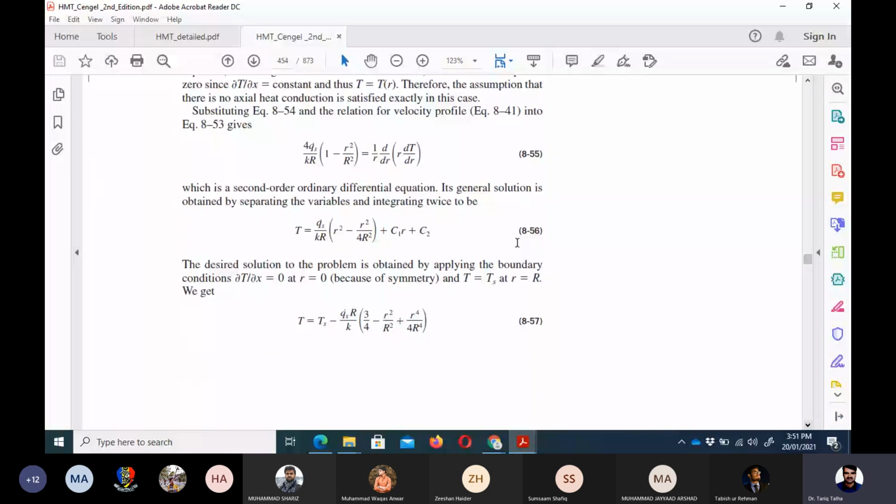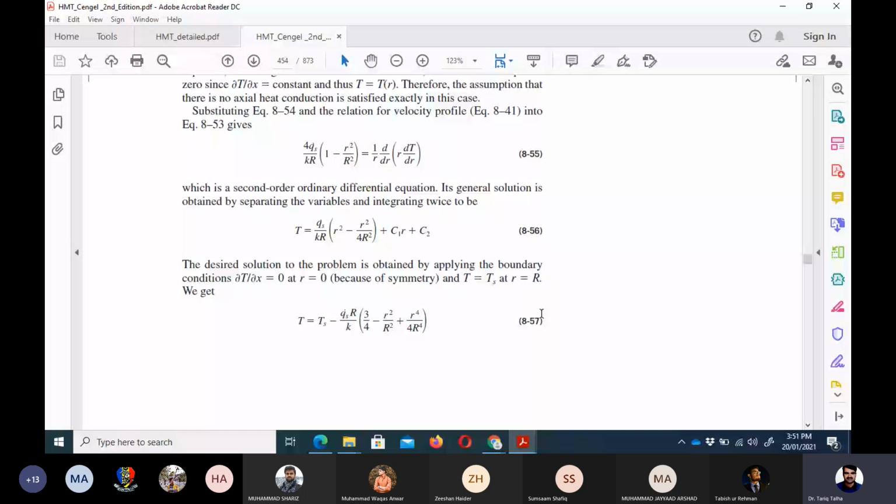Then we put the boundary conditions: at the center of the pipe, we have the symmetry boundary condition, which we also discussed in chapter number 3, and at the pipe surface, T is equal to Ts at r equal to R. If we do that, we come to equation 8-57.